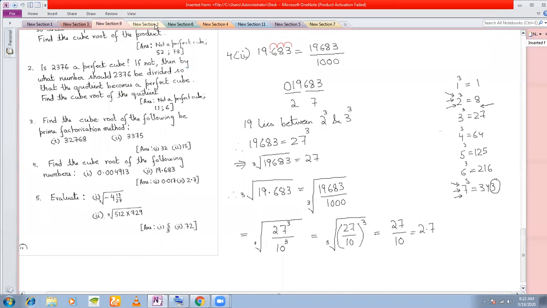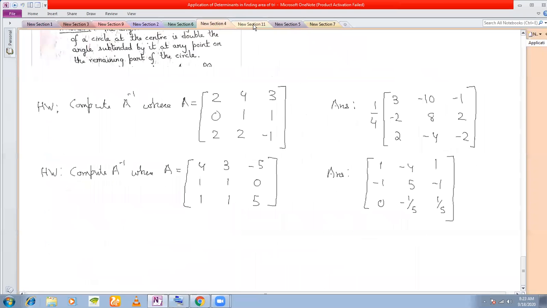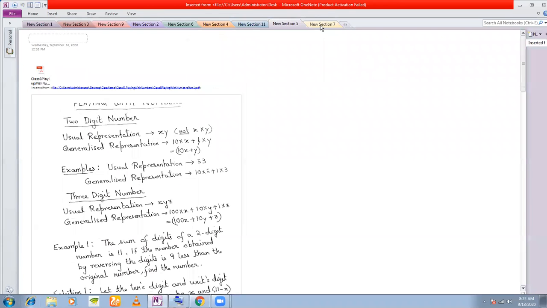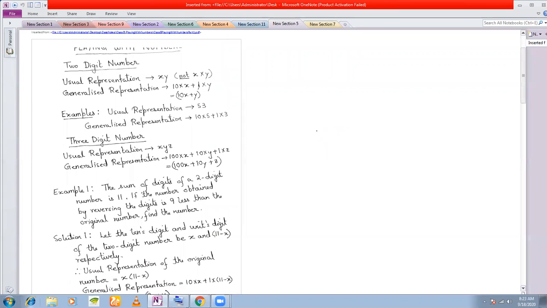Let us now move on to the next chapter, which is playing with numbers. I have sent you the notes last time. In playing with numbers, we normally deal with algebraic expressions representing numbers.